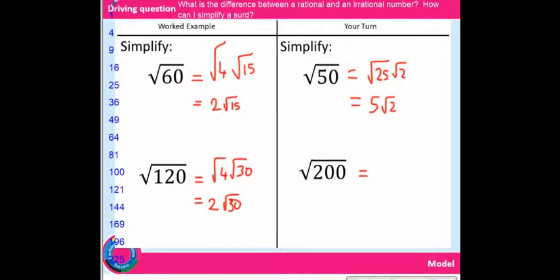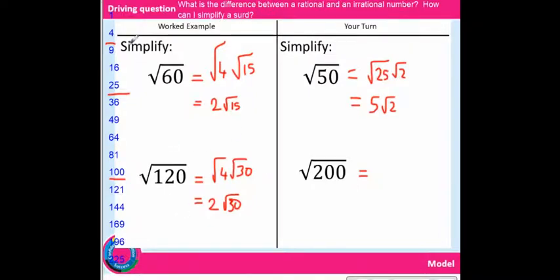Root 200. 1 goes in, 4 goes in, 25 also goes in. Now we could say either root 4 multiplied by 50 or root 25 multiplied by 8. Or we could even say root 100 multiplied by 2.